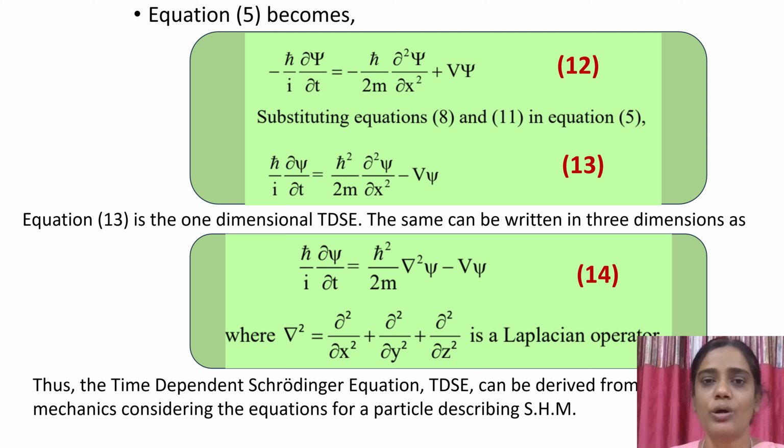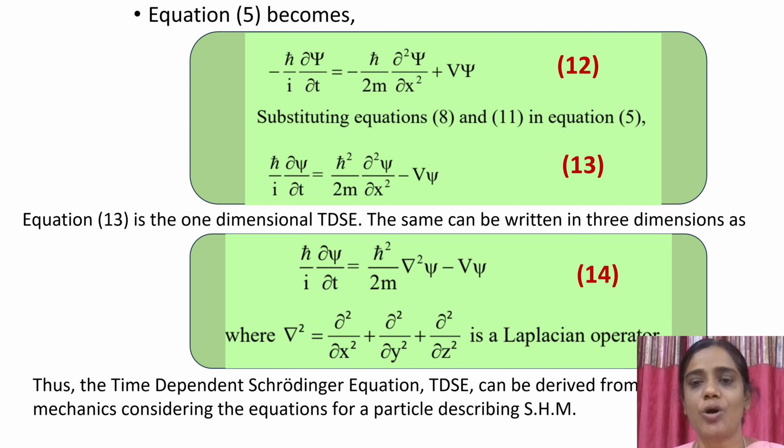We can also write the Schrodinger time dependent equation in 3 dimensions. How is it written? h cross by i dou psi by dou t equal to h cross squared by 2m del squared psi minus V psi. What is del squared?